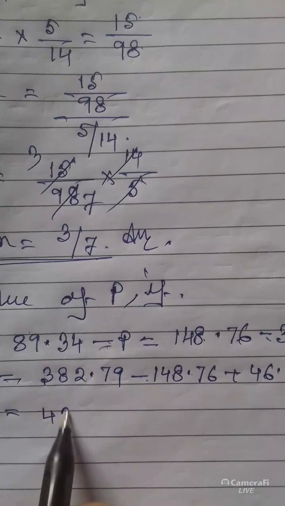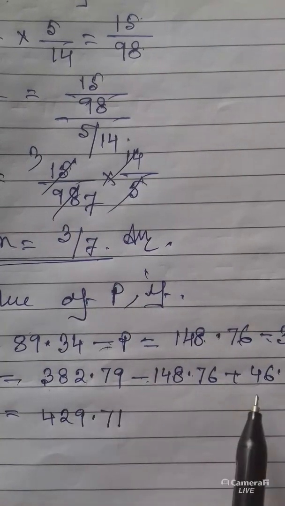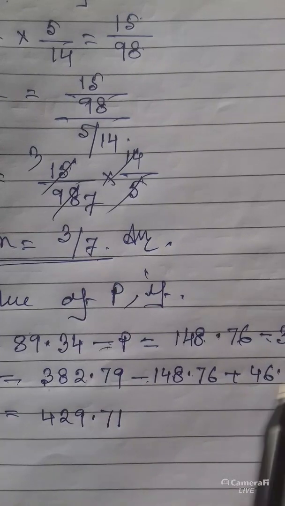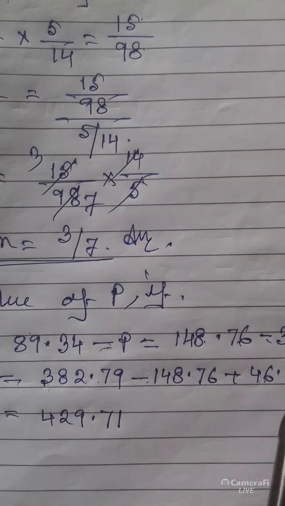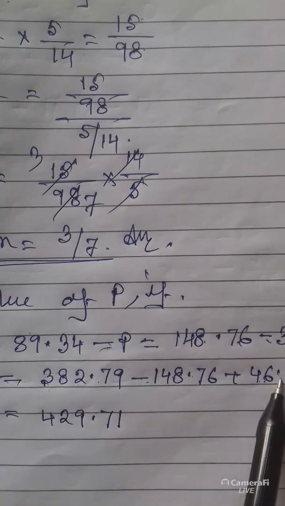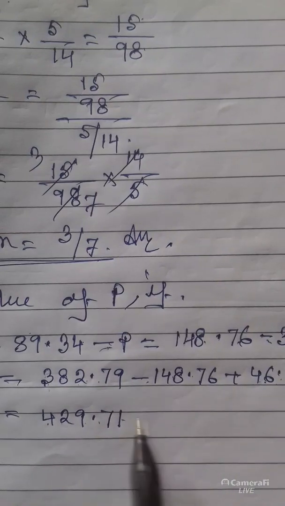So 382.79 and 46.92 both are plus. If we add both, then we will get 429.71.